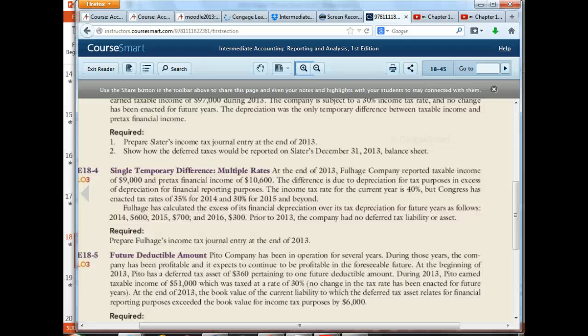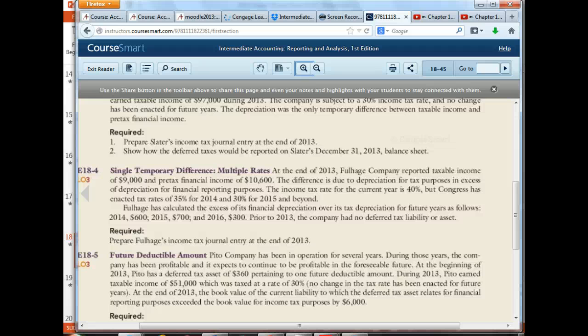We now, based on this new depreciation, have to prepare an income tax journal entry for the end of 2013. Okay, let's just pull back and say, what's going on here? Our financial income, or book income, is at $10,600. Our taxable income is at $9,000. What does that mean?